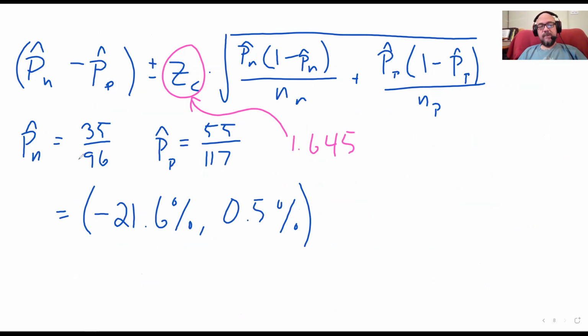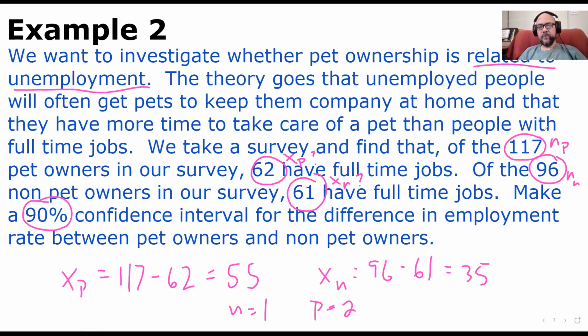So when we did non-pet owners here and pet, do I have this backwards? I'm gonna have to reshoot this video, I hope not. 117 pet owners, 62 have full-time jobs, and 55 don't. So XP is 55 of 117, which is about 47%.